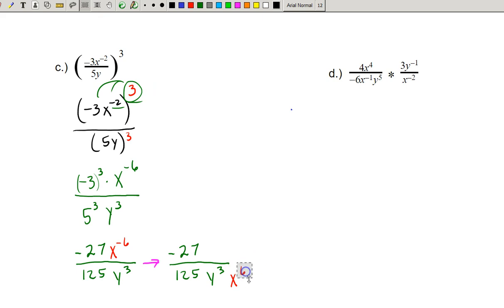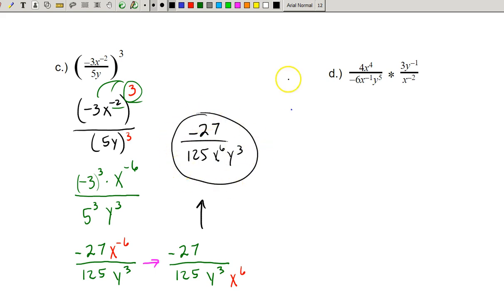So now we have negative 27 over 125, and we have y cubed x to the 6. So if we clean that up a little bit, we could probably write our answer as negative 27 on the top, 125 is on the bottom, and then I'll say this is x to the 6th, y cubed as my final.